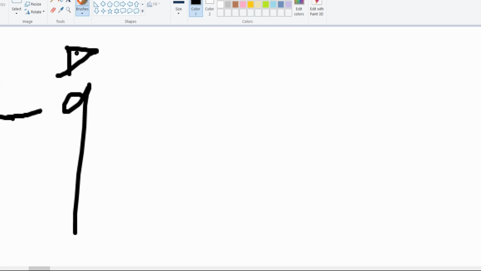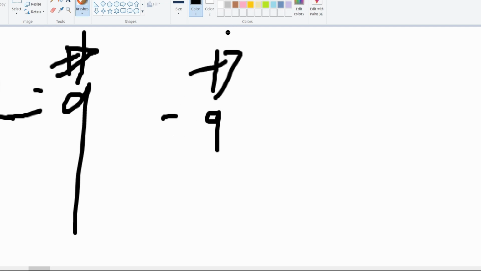You're going to want to cancel that 1 and put it in front of the 7. So now you have 17 minus 9. Rather than 7 minus 9 lining up, it's now 17 minus 9.